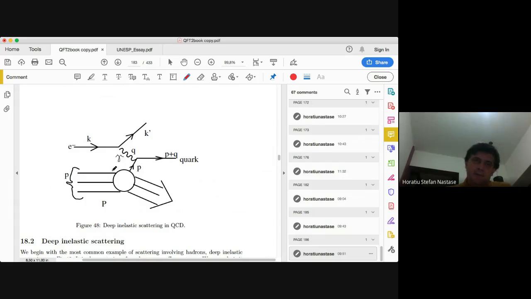So the point is that I take out a parton from the proton, and then I'm left with a remnant and then a quark. But these things are light-like, as I said. They are ultra-relativistic.